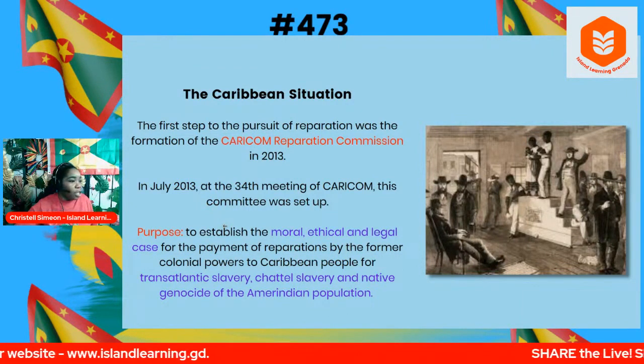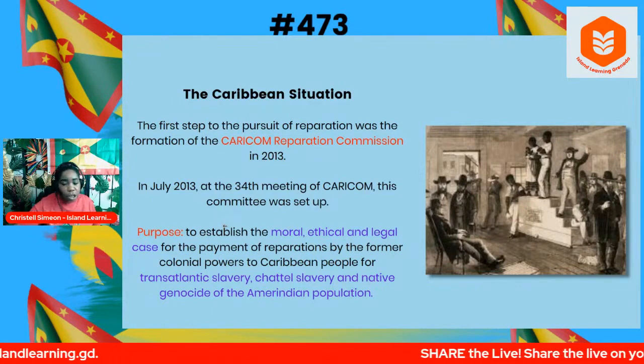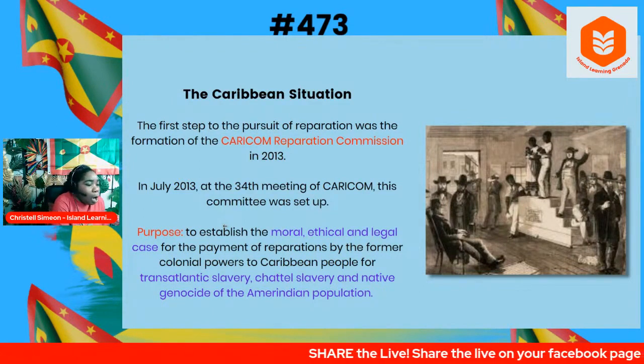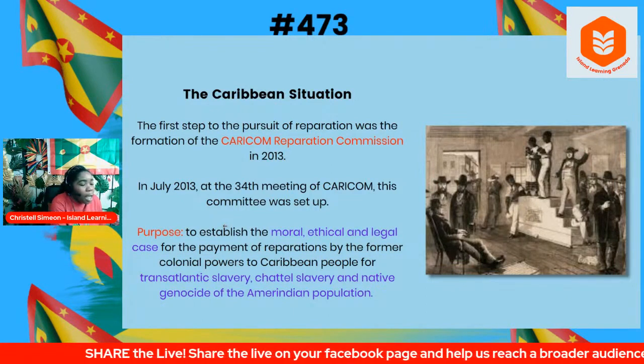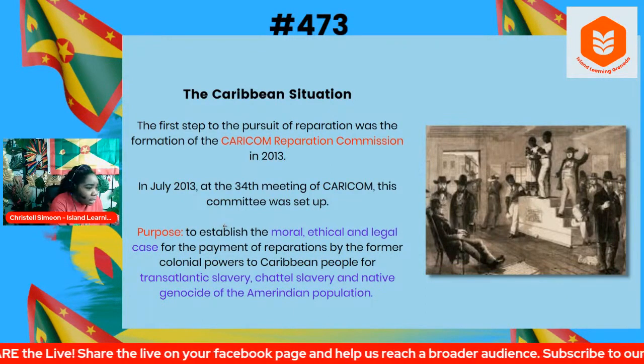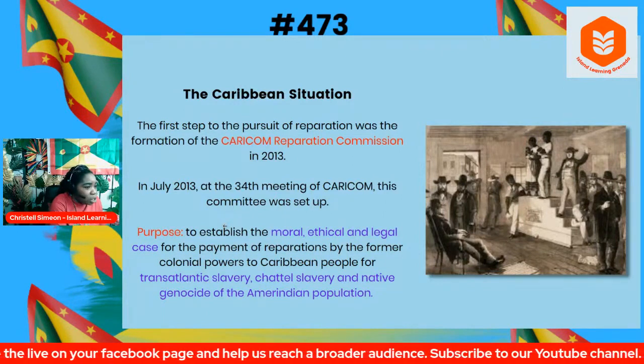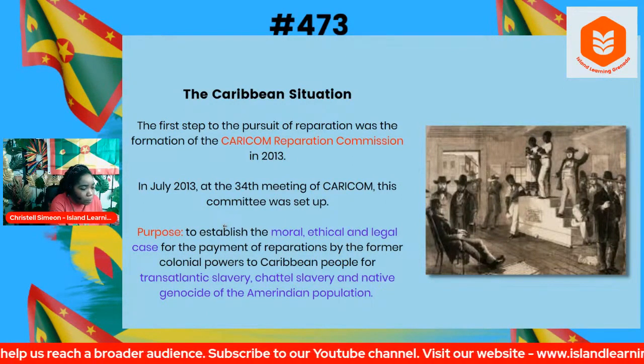In July 2013, at the 34th meeting of the heads of government across the Caribbean, a committee dedicated to the pursuit of reparation was set up.